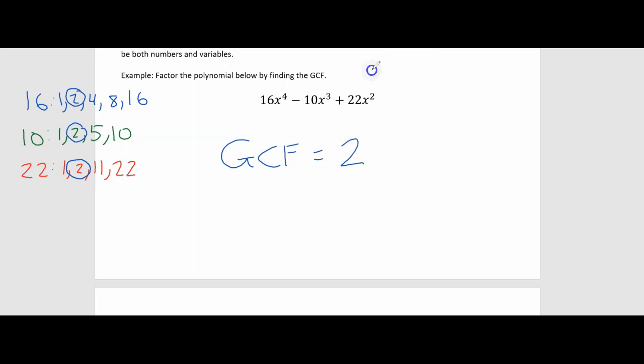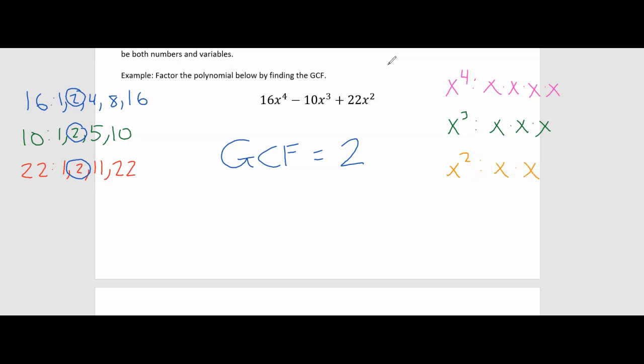So we can break down our x's, because there's no y's or m's. There's only x's here. So x to the 4th, well, that's x times x times x times x. Well, I've got x cubed, x times x times x. And I've got x squared, so x times x.